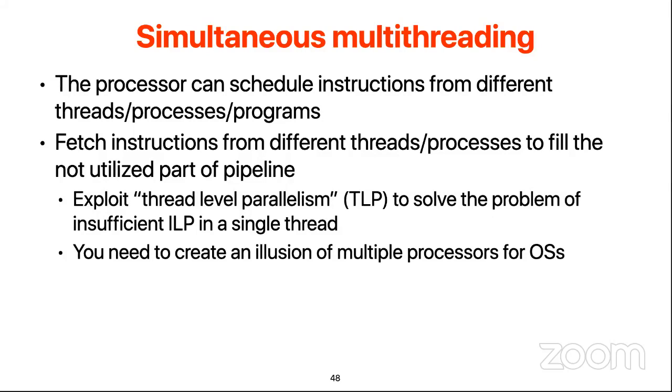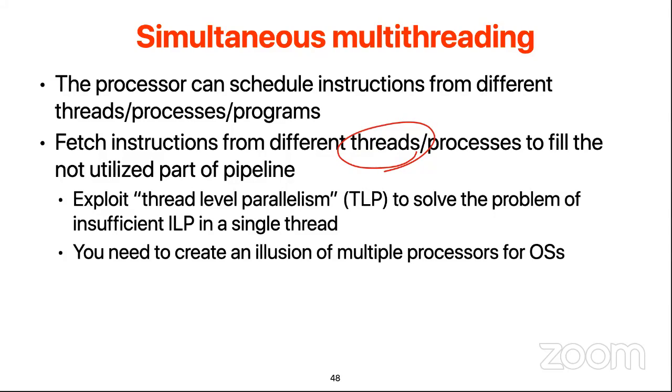So for this piece of code, you are going to waste a lot of your hardware resources. So the basic idea of simultaneous multithreading is, since we are going to waste the hardware resource anyway, why don't we just make this hardware resource available for other programs? In this way, a processor can use instructions from another thread or another process. Although we say threads here, it's different from the concept of threads in operating systems.